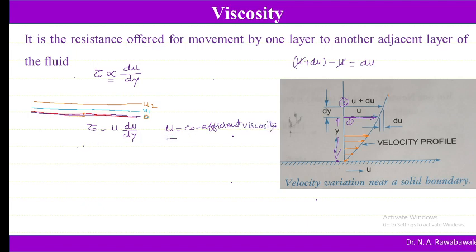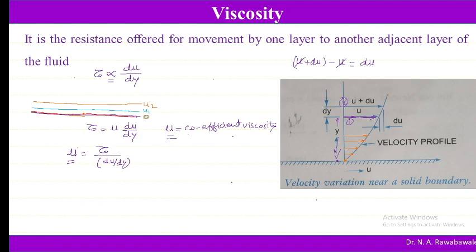Now this mu can be written as mu is equal to shear stress divided by du by dy. Shear stress divided by du by dy is mu, which is known as the coefficient of viscosity.